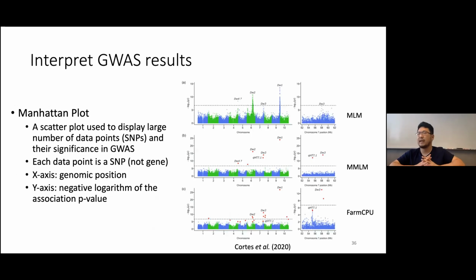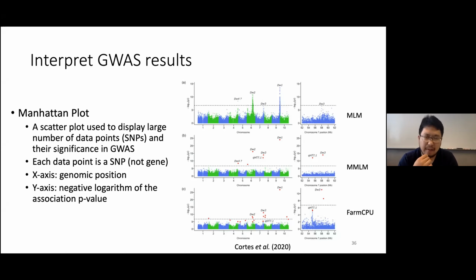So the most iconic plot for the results of GWAS is the Manhattan plot. It is essentially a scatter plot used to show a large number of SNPs and their significance. The x-axis of the Manhattan plot is the genomic position of these SNPs, and the y-axis is the negative logarithm of the association p-value.